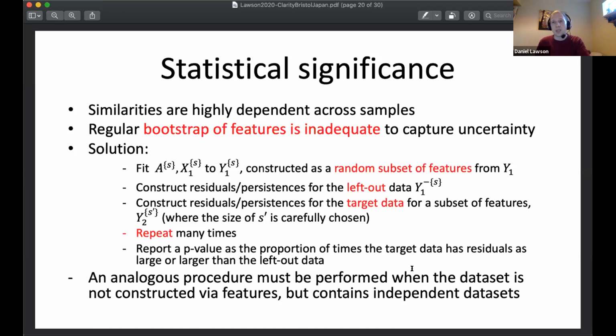There's a random subsampling procedure that works, that we use. And I should say, we're also interested in doing this when there are no features to the data. So many of the questions I have in genetics, you can create a similarity without having features. And so then you've got to figure out what the independent structure is.